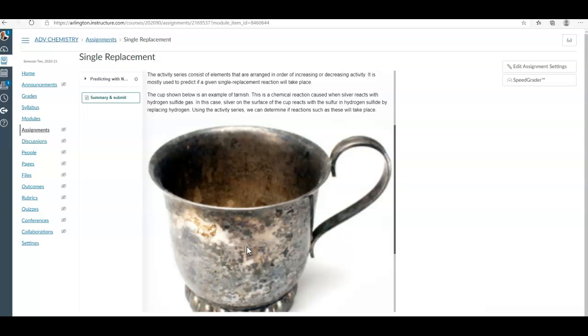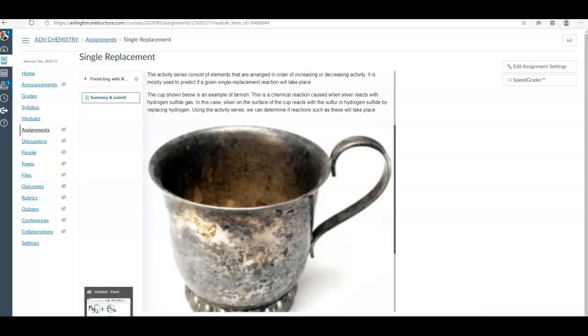This is a result of a chemical reaction occurring between the silver, because this is made up of silver. Silver is a pure substance. It's an element.